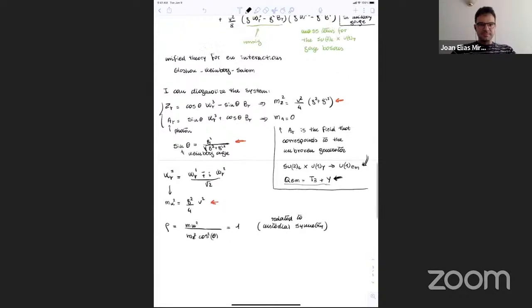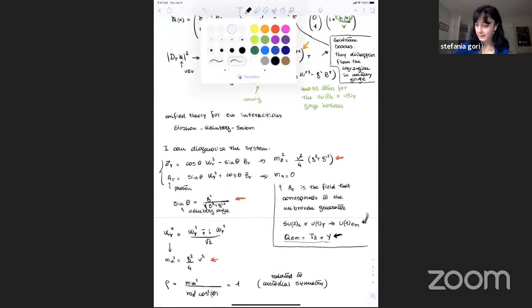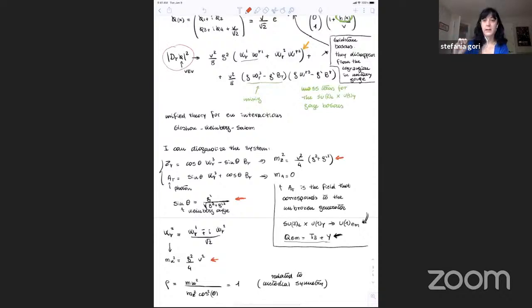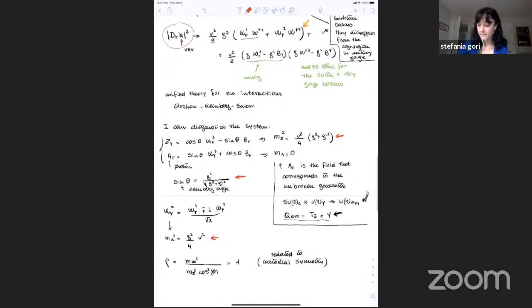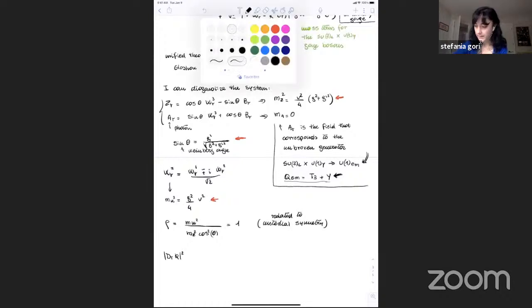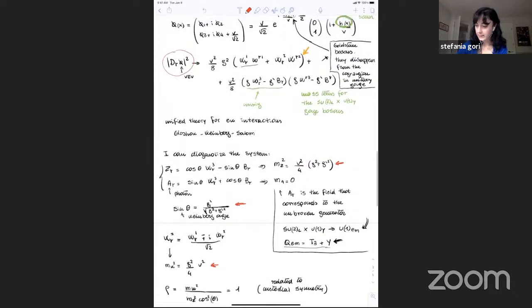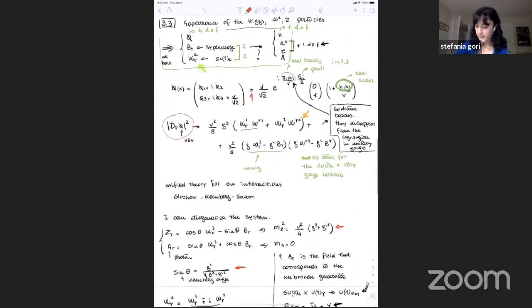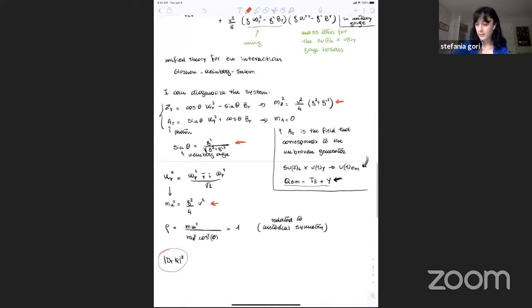So we have achieved all of this, studying the kinetic term of the Higgs field, once that we replace the Higgs with a vacuum. But then also from this kinetic term, I can use this expression for phi, and then we can extract the couplings of the Higgs particle with the gauge bosons, so with the Z boson and the W plus minus.